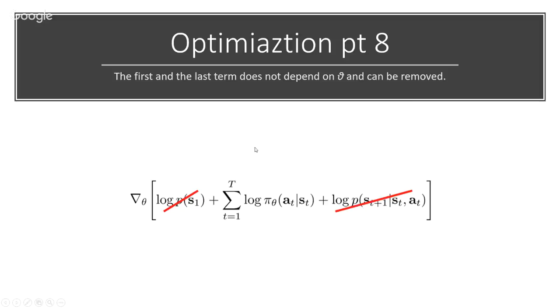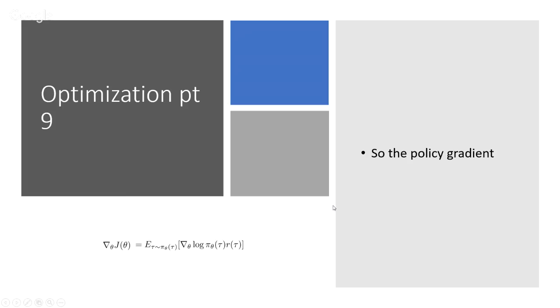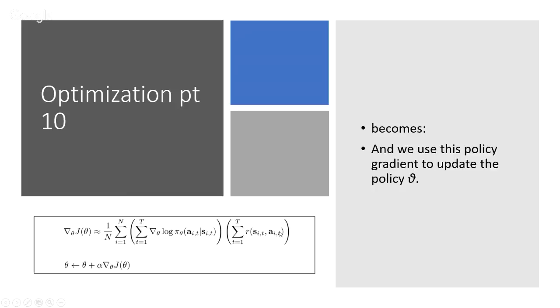We can take that out, we can take that out, and then we're just left with that plus that. So the policy gradient becomes this, and we use the policy gradient to update the policy, as you can see here.